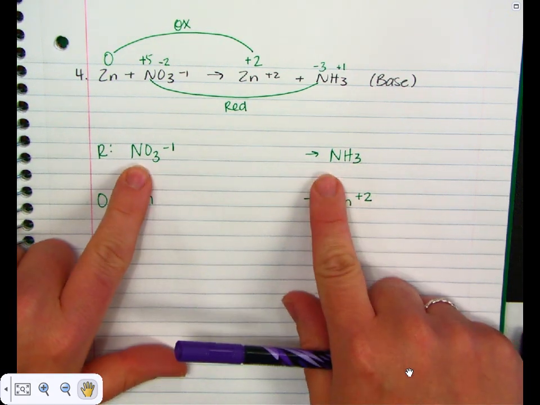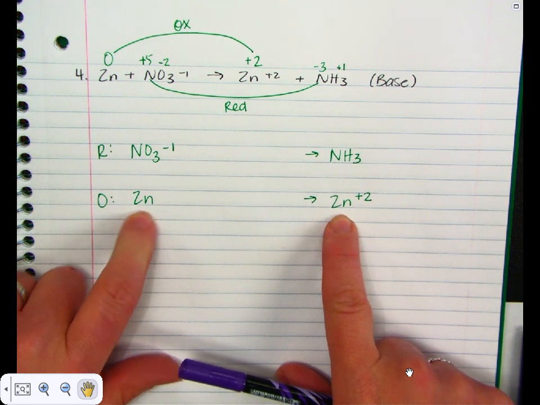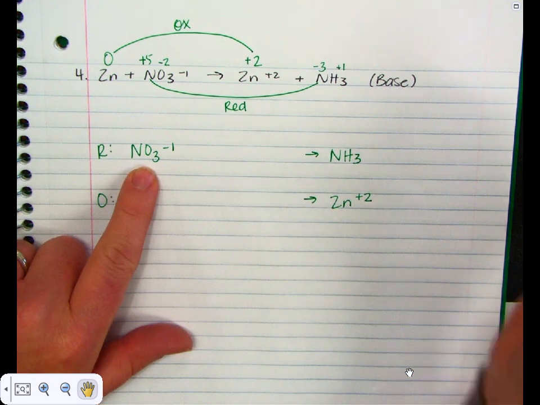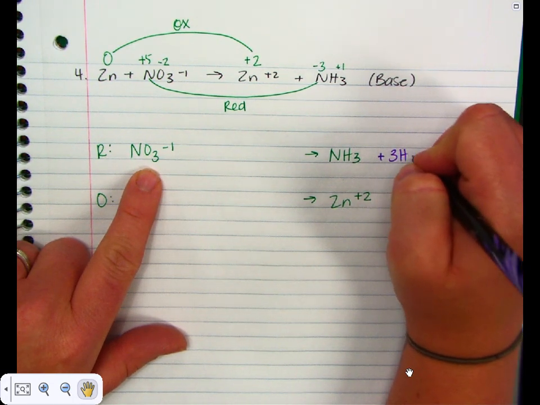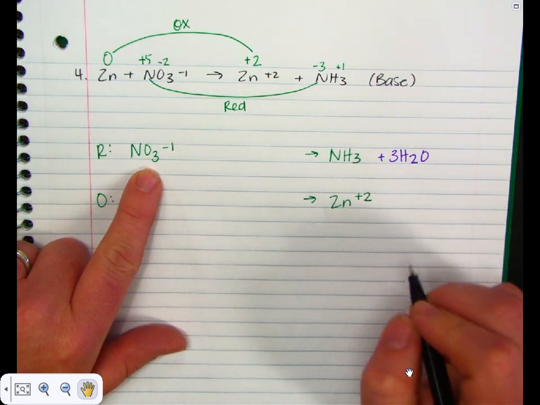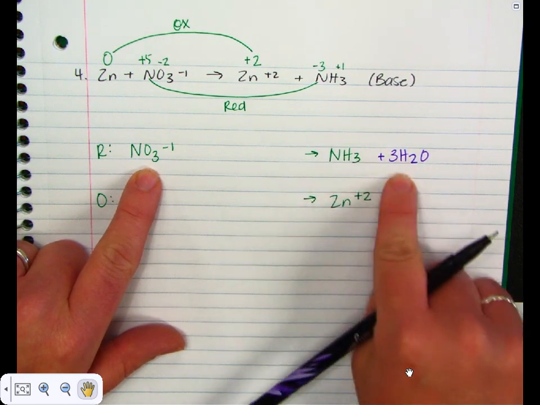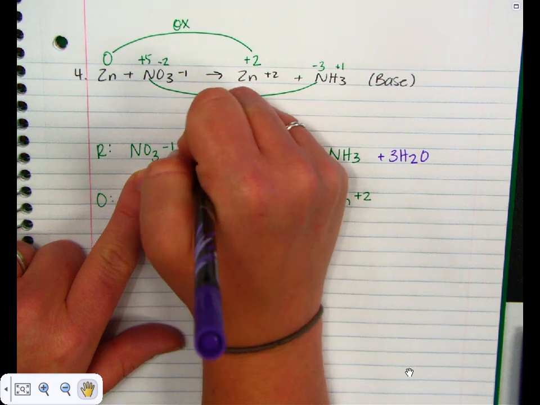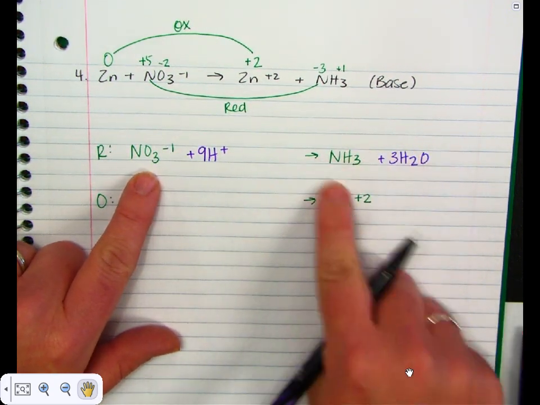N and N, I only have one of each. Zn and Zn, I only have one of each. So I can start with my other steps. I've got 3 O's here, so I'm going to add 3 H2O. Then here now I have 6 H's, but then I have an additional 3 here. So I have a total of 9 on this side. So plus 9 H plus. And then neutral on this side.